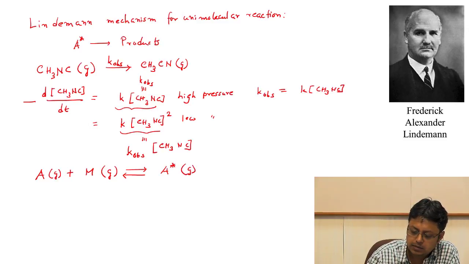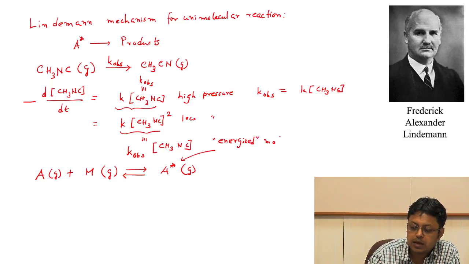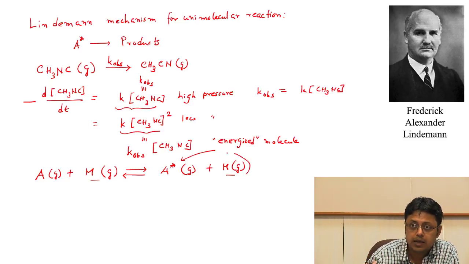A star is nothing but an energized molecule. It has much more energy so that it can decompose into the products plus the M. Of course, this M now has a lower energy, but we are not writing it explicitly.